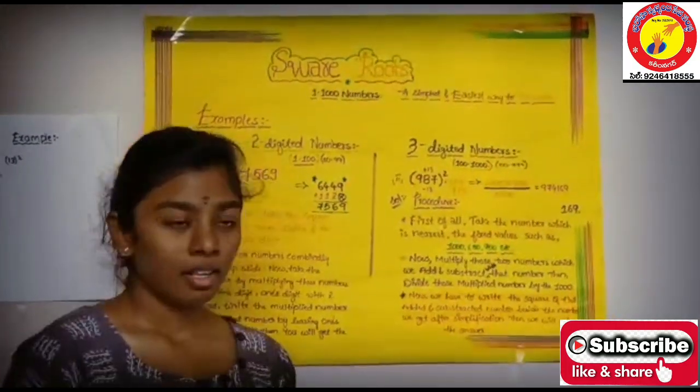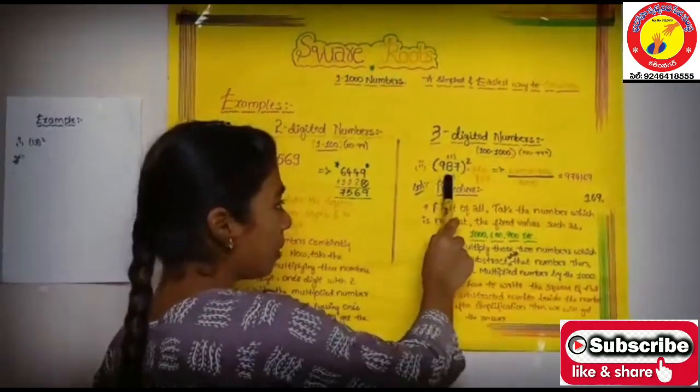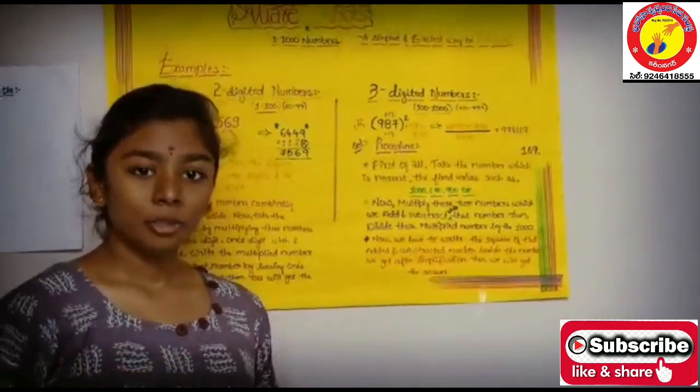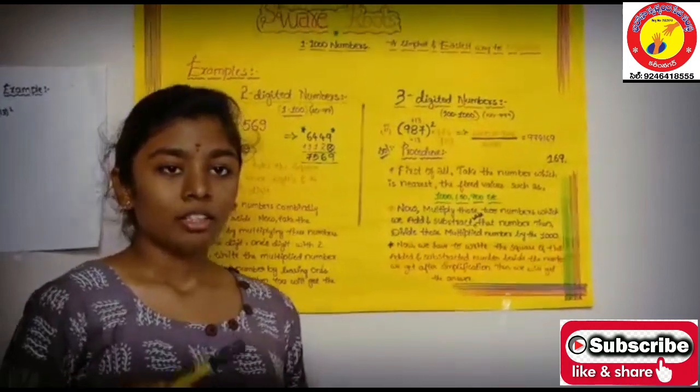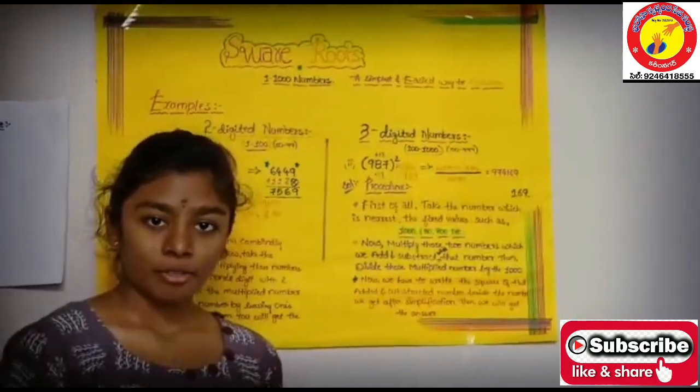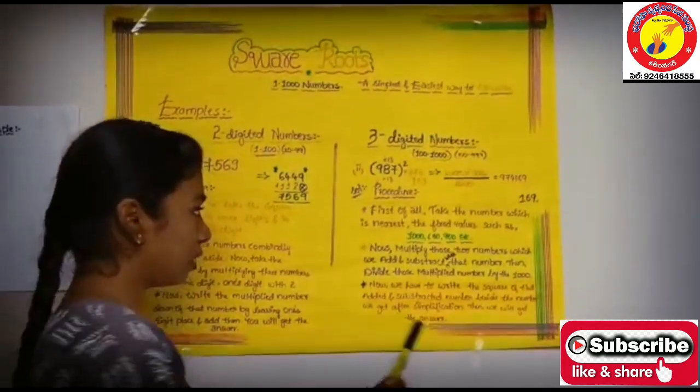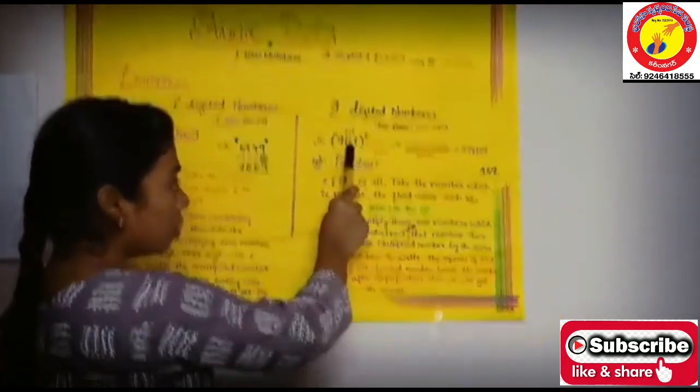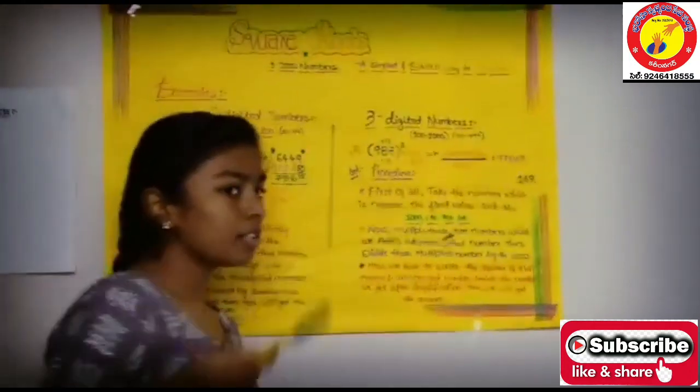So I am going to 3-digit numbers. Hope you understand. So I have taken the example 987 whole square. This 987 is nearer to a fixed value 1000. The fixed values are examples such as 1000, 950, 650, 900 like that. So it is nearer to the value 1000, a fixed value.